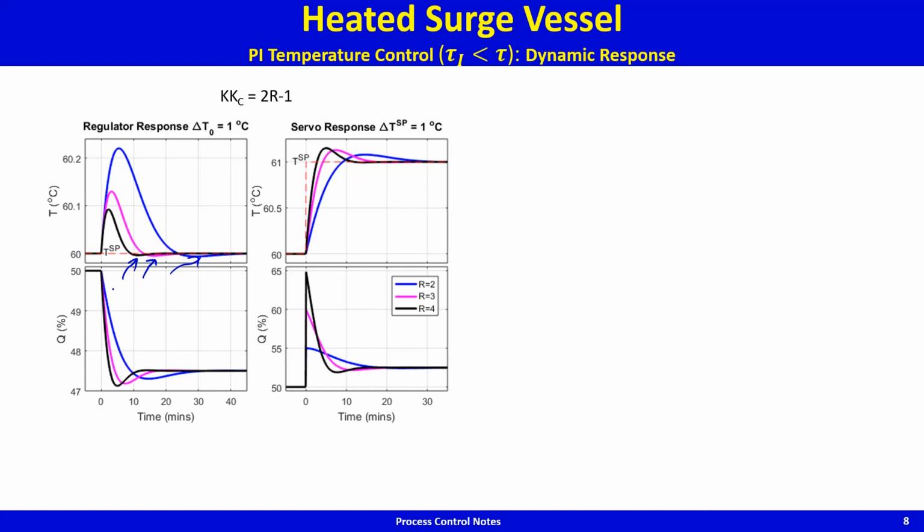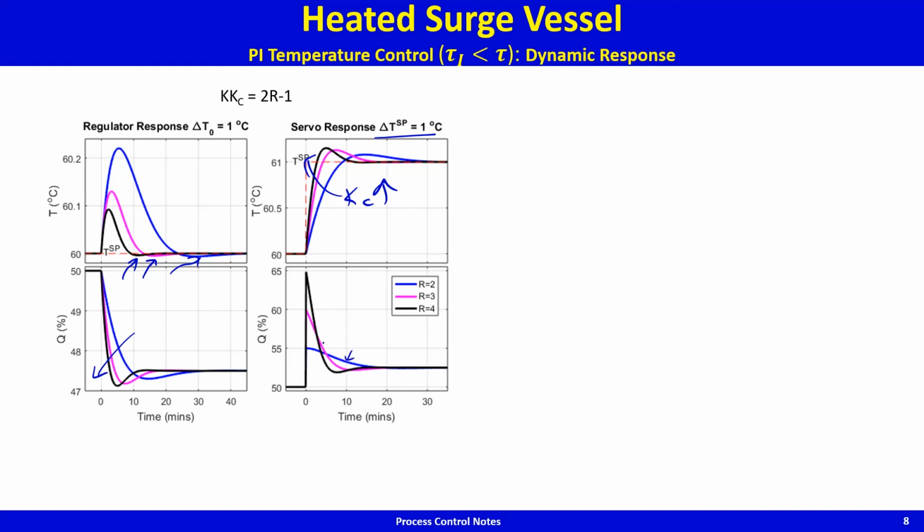And you can also see that as you make the control more aggressive, the change in Q is more aggressive. And this is also evident for the servo response, for a delta TSP of 1 degree Celsius as Kc is increased. The manipulation in Q also becomes more aggressive.